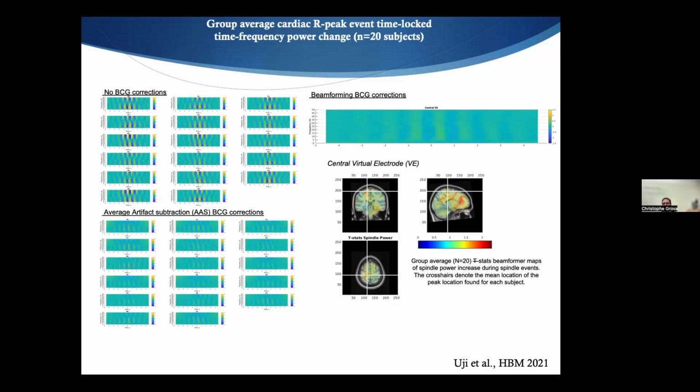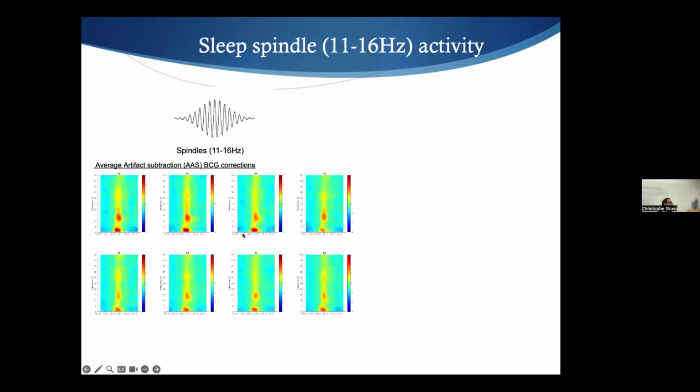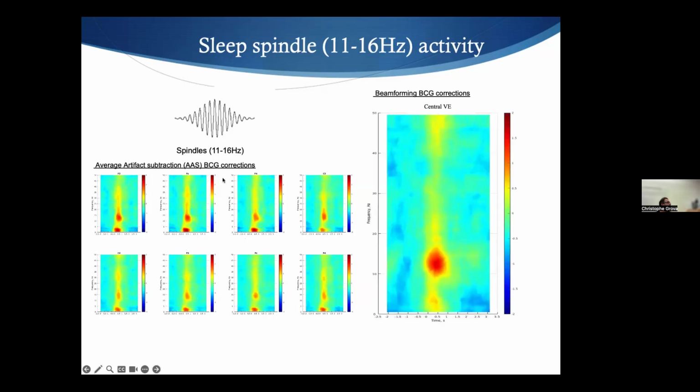My question for Makoto that we never explored is whether we could do the same with a more optimal, real 3D source reconstruction, not only a spatial filter. That's a possibility that could work. And just to give you an idea, this is the time frequency map for the spindles detected by our expert after standard corrections.